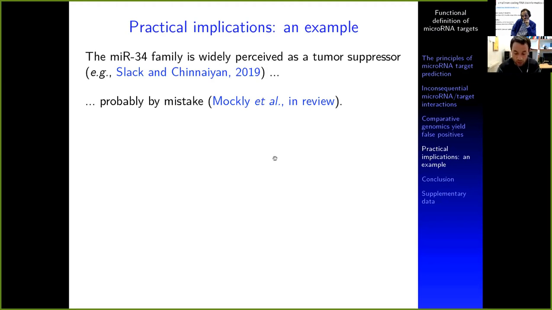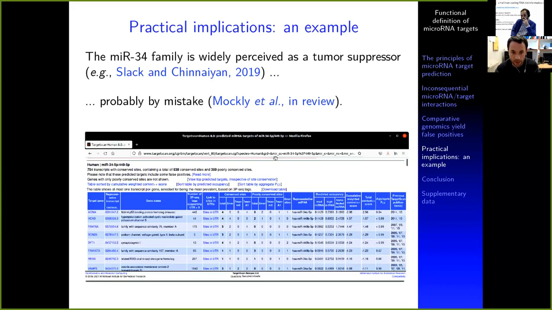One more argument why people believe that the miR34 family is a tumor suppressor is that when you look at the predicted targets for miR34, not surprisingly, you find a lot of them because, as you remember, the seed is very short. For the miR34 family, according to the latest version of TargetScan, you have more than 750 predicted targets. And of course, this is just the top of the list.